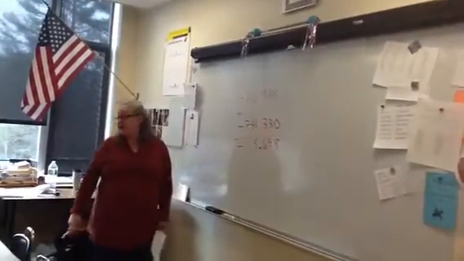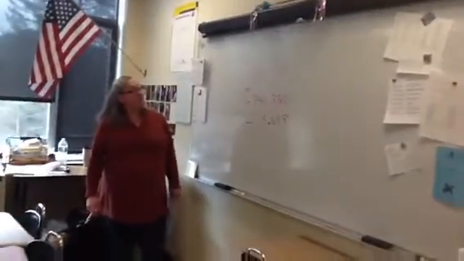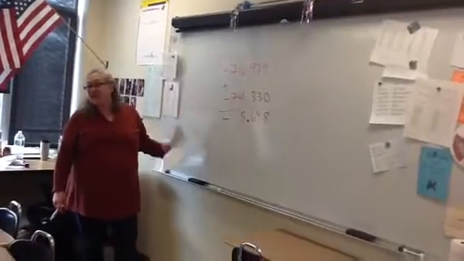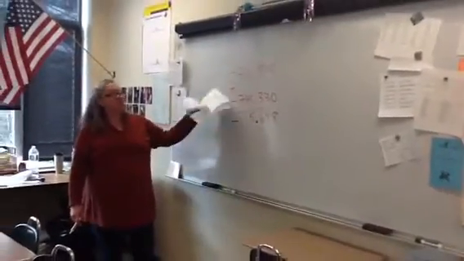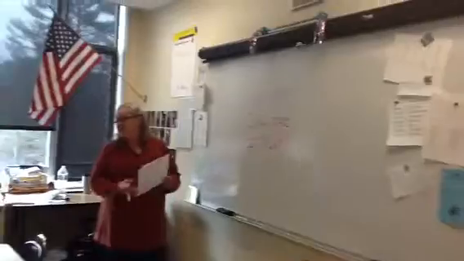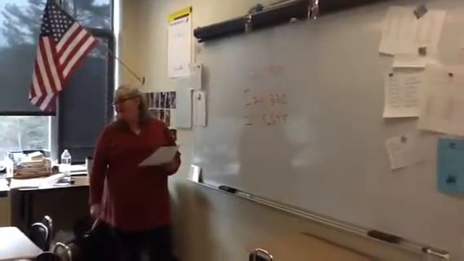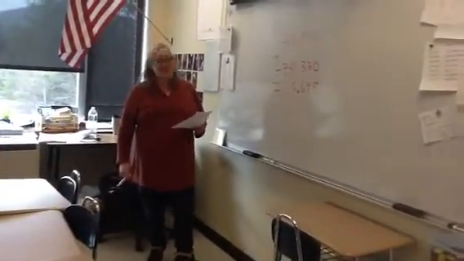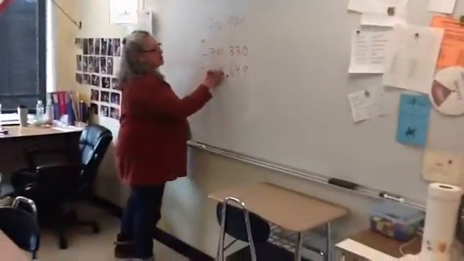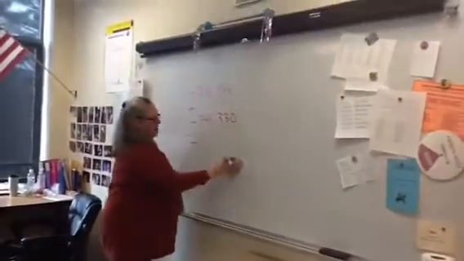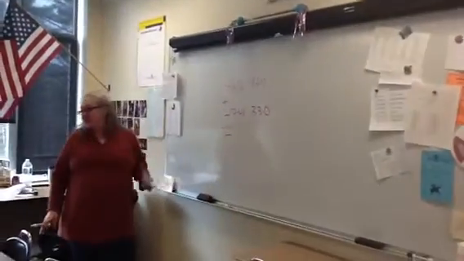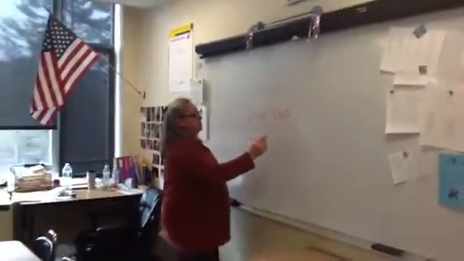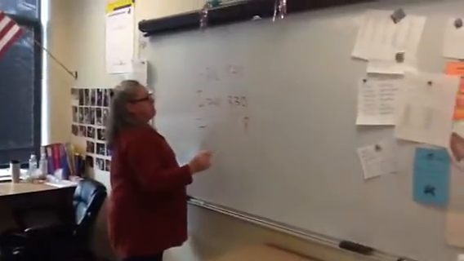Am I doing this right? I'm adding two negative numbers, so I'm subtracting, is that right? No. What am I doing wrong, Emma? You have to add them. Right, because when we have two negative numbers and we're adding, the answer is negative. So 8 plus 0 is 8, 7 plus 3 is 10.